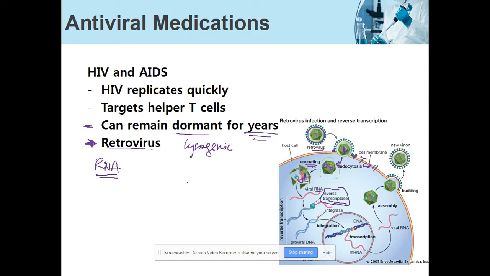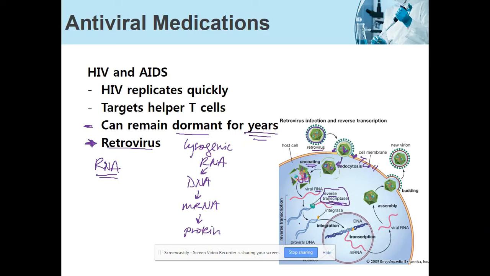So usually we have DNA, and then we use our enzymes to make messenger RNA, and then we use our messenger RNA on a ribosome to make the protein, right? So we go through transcription and then translation, biology review. What happens with HIV and other retrovirus infections is the RNA that's brought into the cell has to get turned into DNA by this enzyme reverse transcriptase.